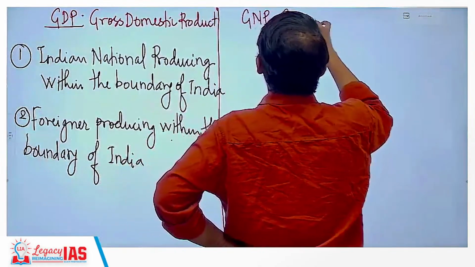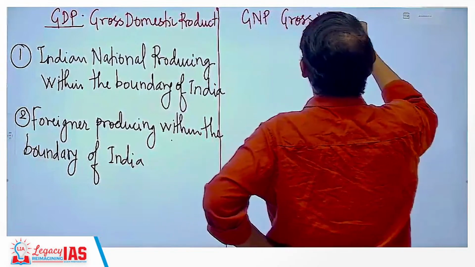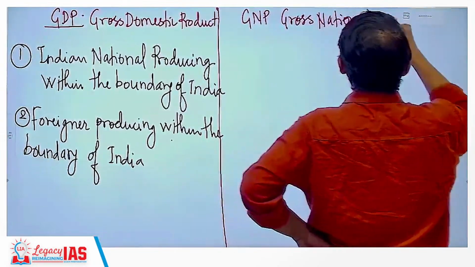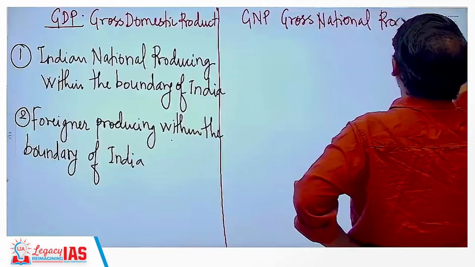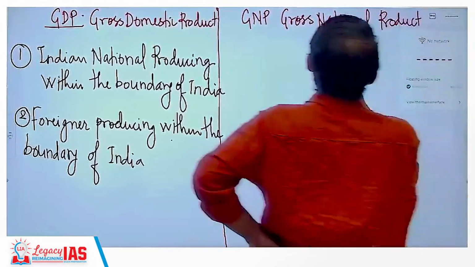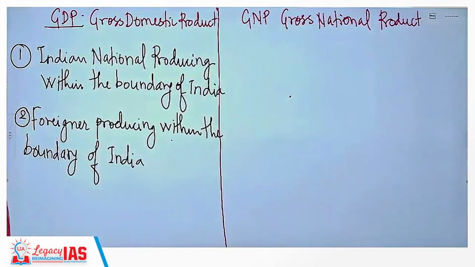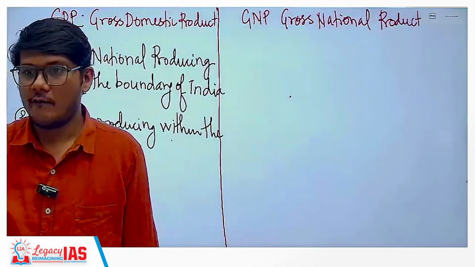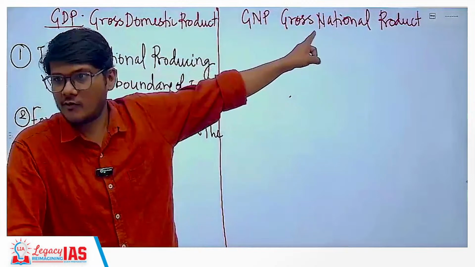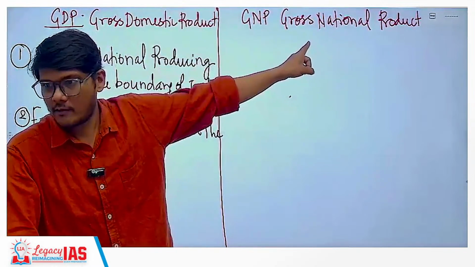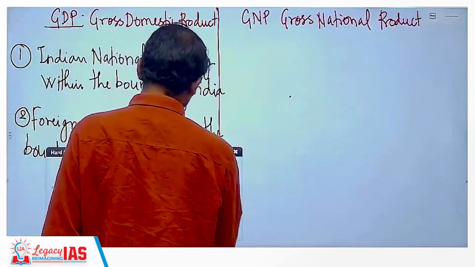Now GNP, that is gross national product. This is distinguished by the fact that Indian national is producing it, whether in India or outside India, anywhere. When an Indian national produces, it becomes gross national product. Correct? So here, what will be the two components?